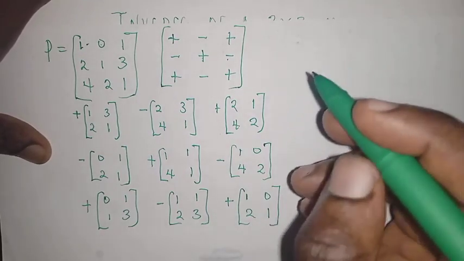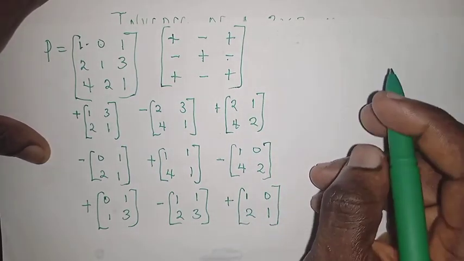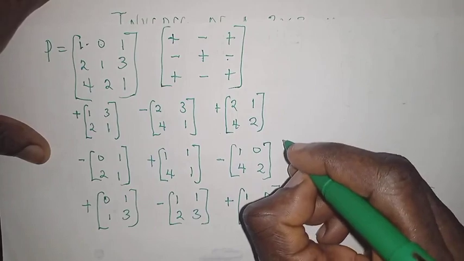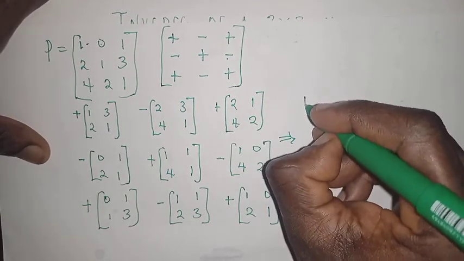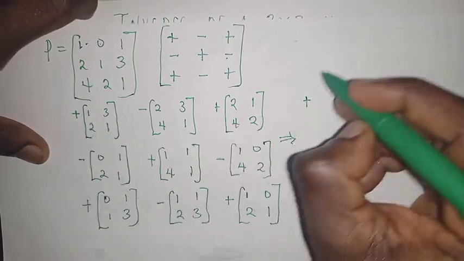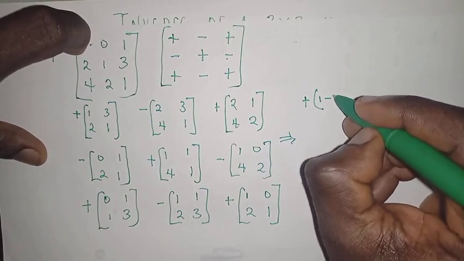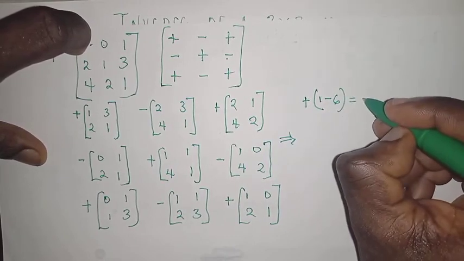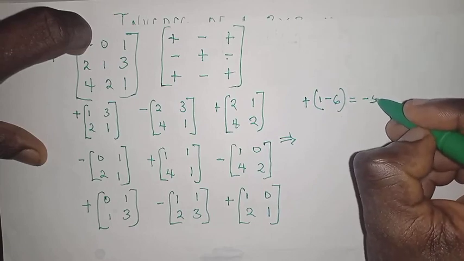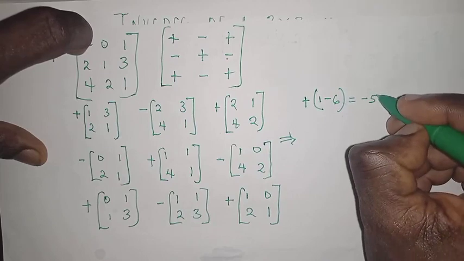So let's go now to get the determinants. Maybe I should just do it somewhere here. For the first one, we have 1 times 1 is 1, 2 times 3 is 6. So that gives us minus 5.